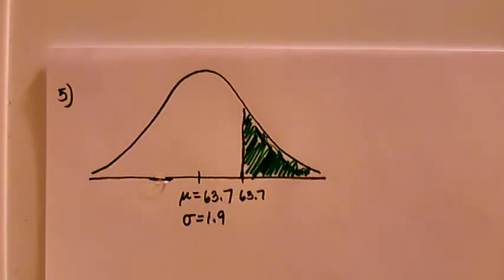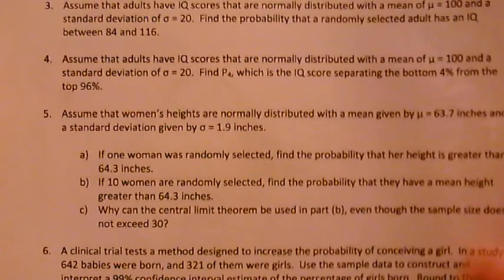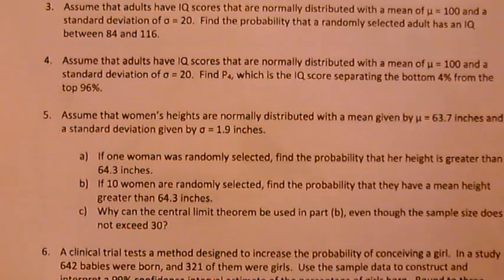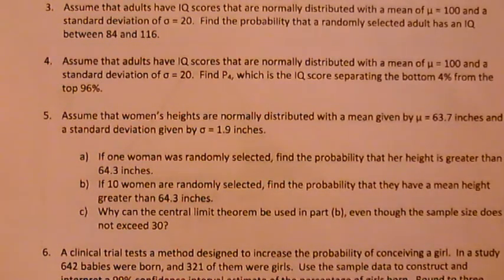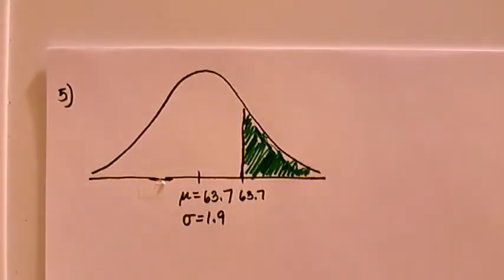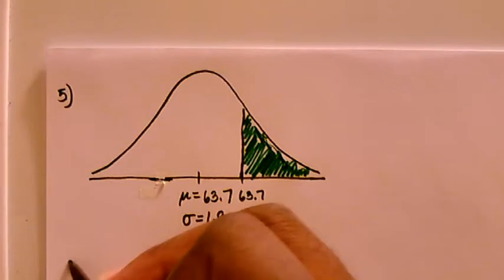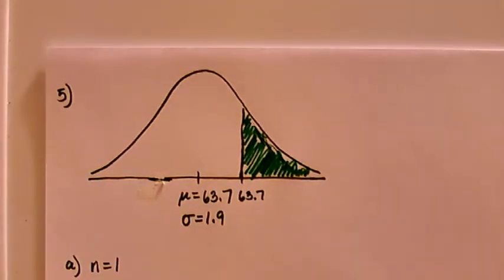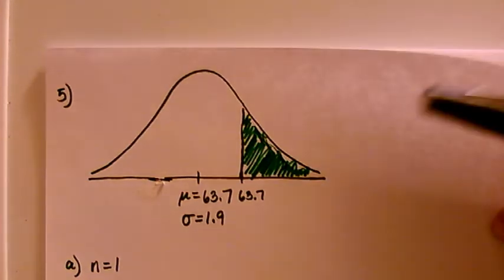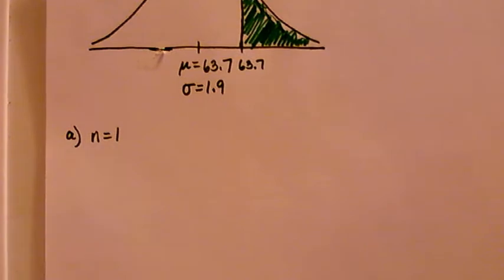Now, in part A of that problem, it does say, if one woman was randomly selected, find the probability that her height is greater than 64.3 inches. So we're dealing with a single individual. So in part A, as n is equal to 1, and we're dealing with x equals 64.3.